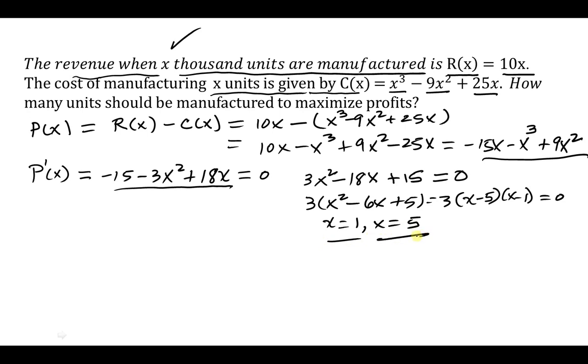Now we want to evaluate these critical values, and we can use the second derivative theorem. So let's take the second derivative of p to find out whether these are relative min or relative max, and we get the second derivative is equal to minus 6x plus 18.